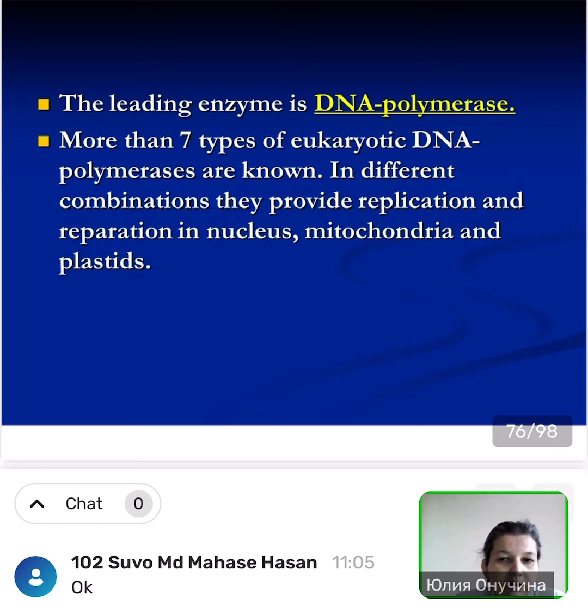The leading enzyme is DNA polymerase. More than 7 types of eukaryotic DNA polymerases are known. They produce different sequences, and it's important for genetics because if polymerase is absent, biosynthesis will suffer.